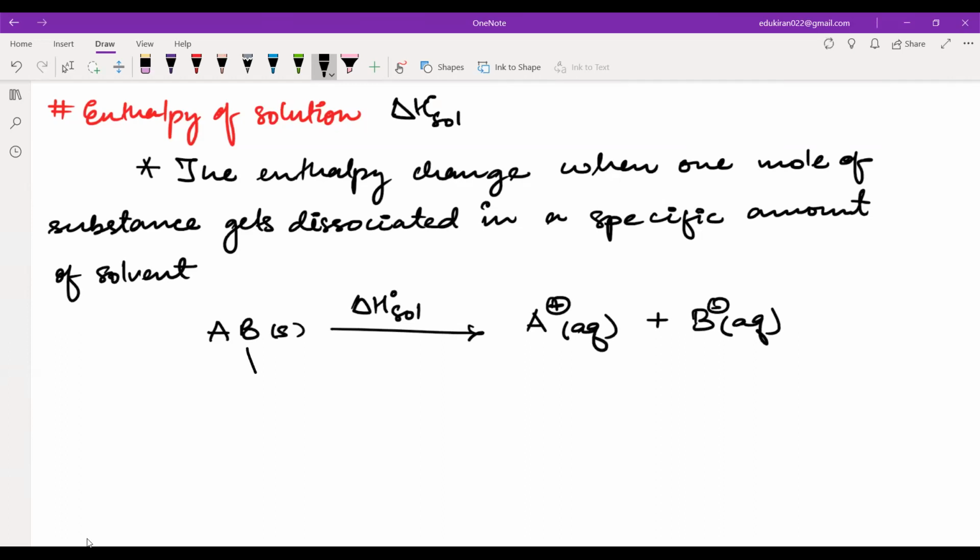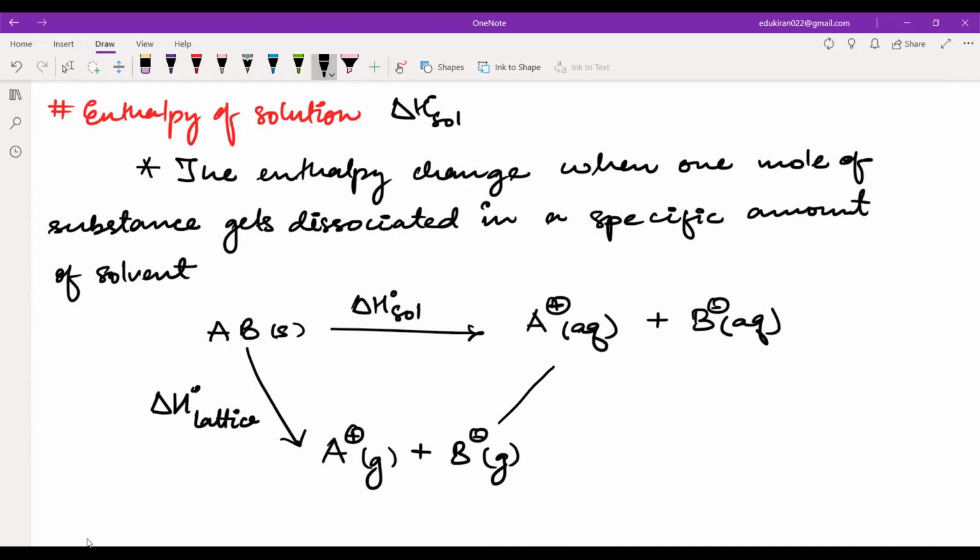I can say that first of all, AB solid gets dissociated into A positive gaseous state plus B negative gaseous state. This is the delta H naught lattice, and then further they get hydrated by water, and this can be represented as the delta H naught of hydration.